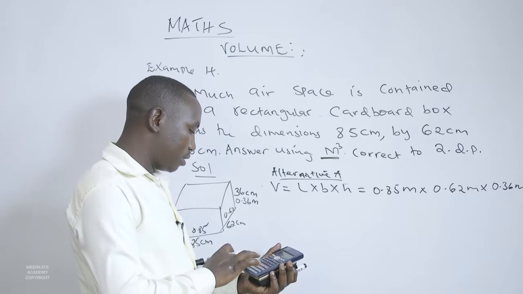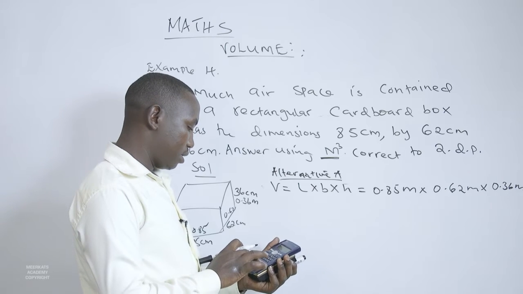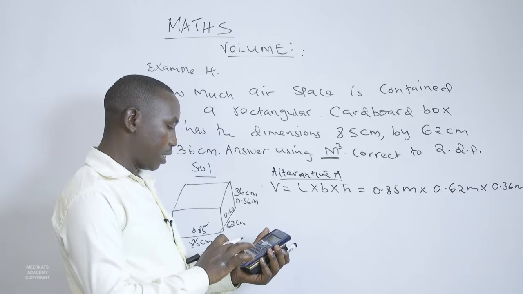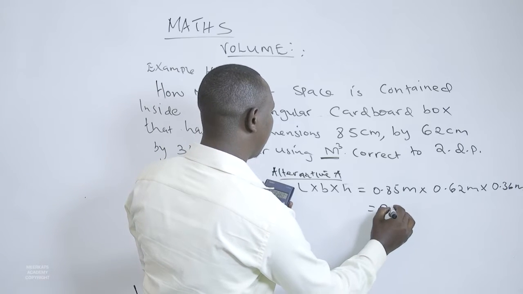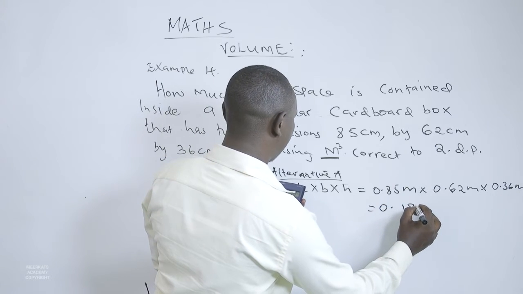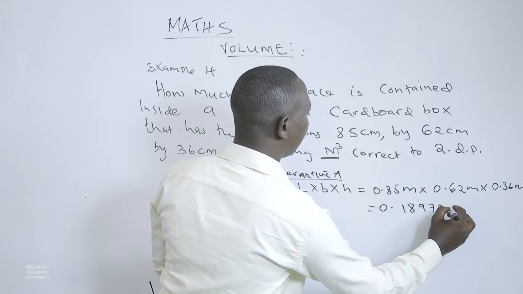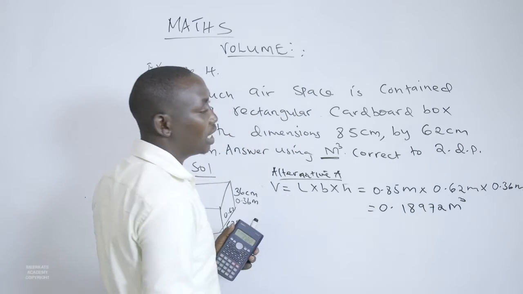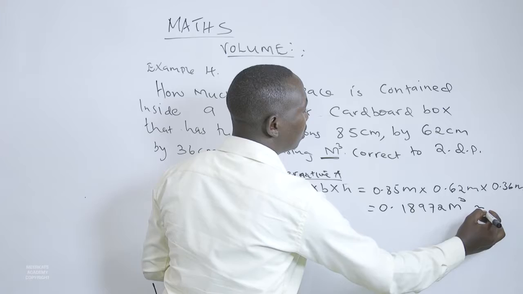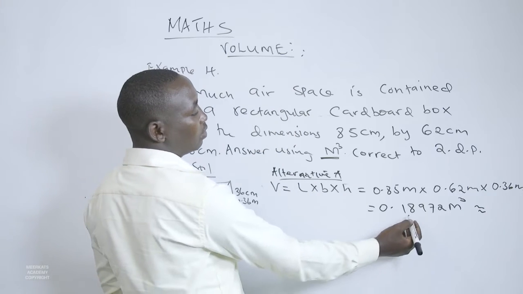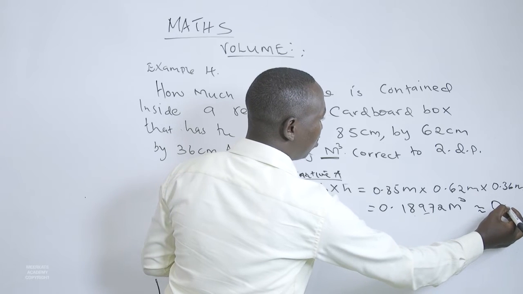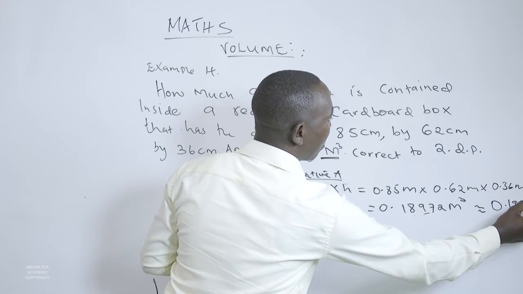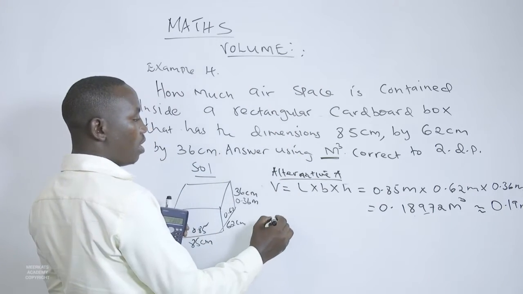This will give us 0.18972 cubic meters. We have been asked to write to 2 decimal places, so we count 1, 2, we consider the third figure. So this shall be equivalent to 0.19 cubic meters.